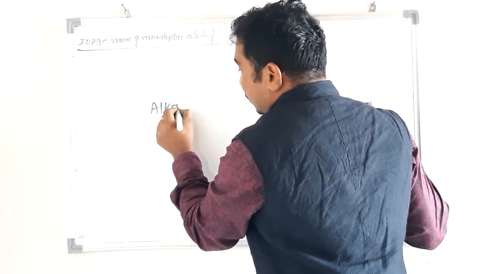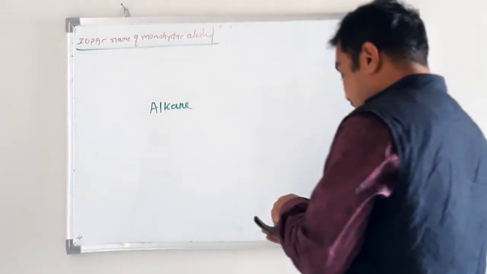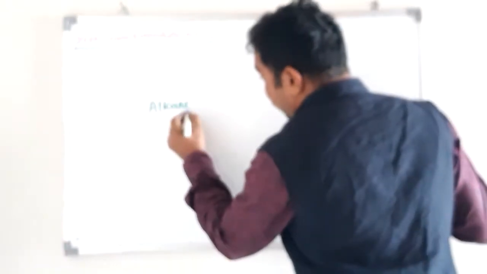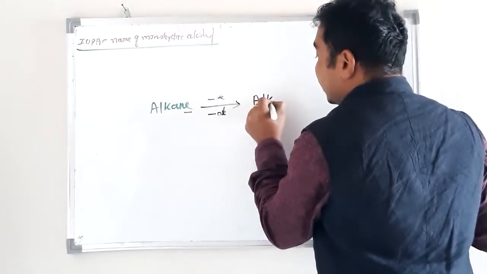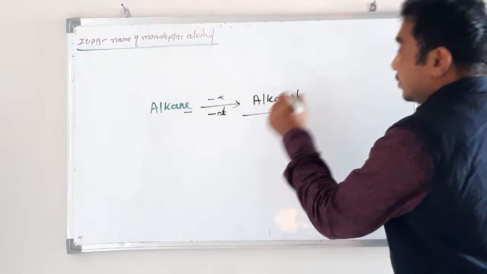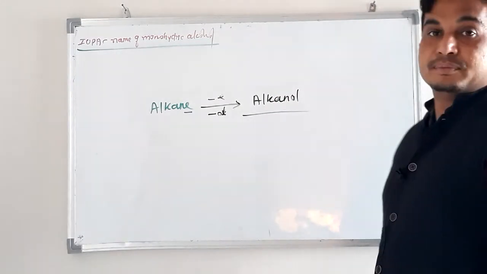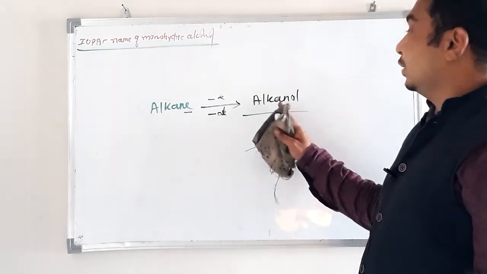What we have to do is write the name of the alkane, and from it remove the last E, suffix OL. Then what we get? Alkanol. So alkanol is the parent name of alcohol in the IUPAC system.